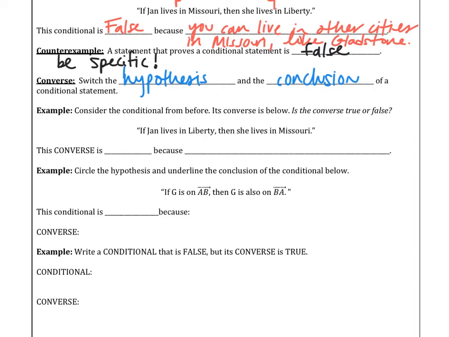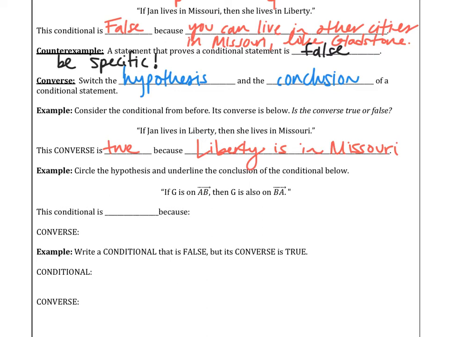Well, that's true, because if you live here in Liberty, then you also live in Missouri. So we'll say because Liberty is in Missouri. If you live here, then you automatically live in Missouri. So that's true.